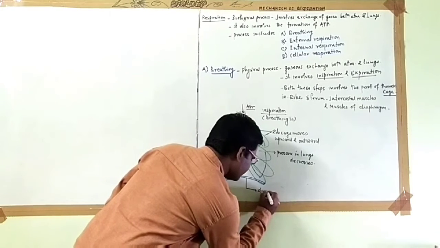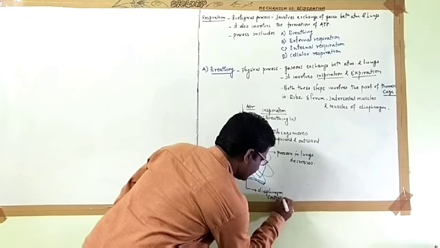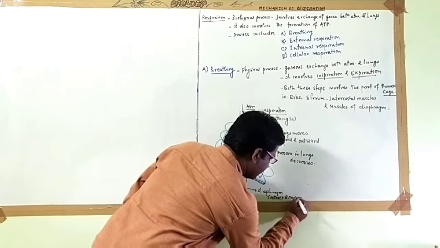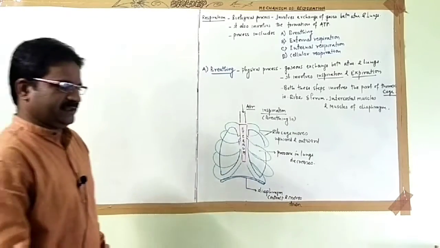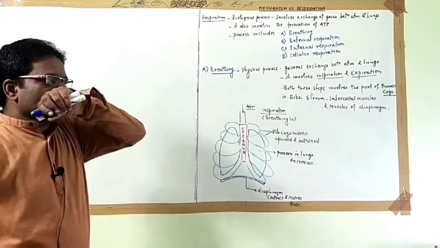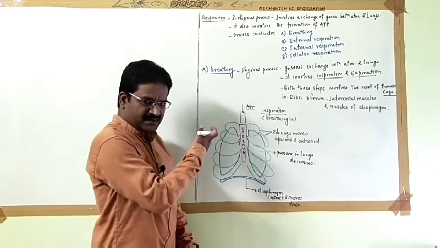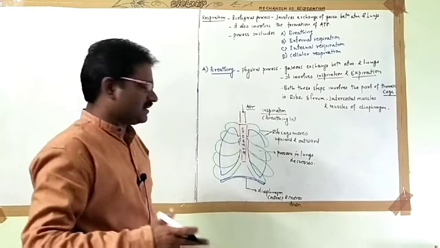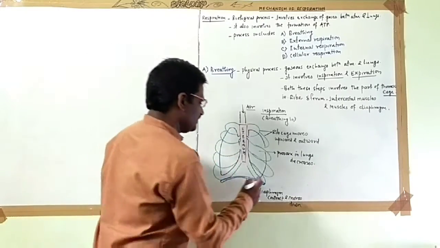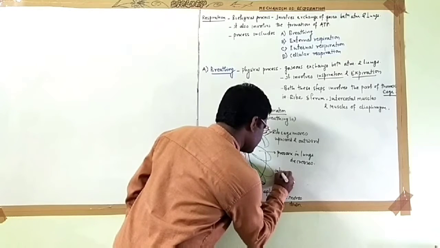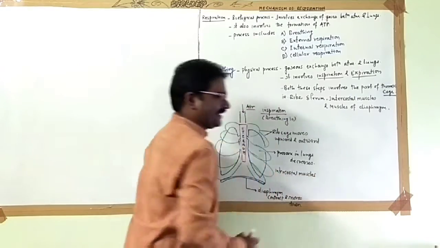Now the intercostal muscles, the muscles attached to the ribs laterally, associated with the thoracic cage, also contract.